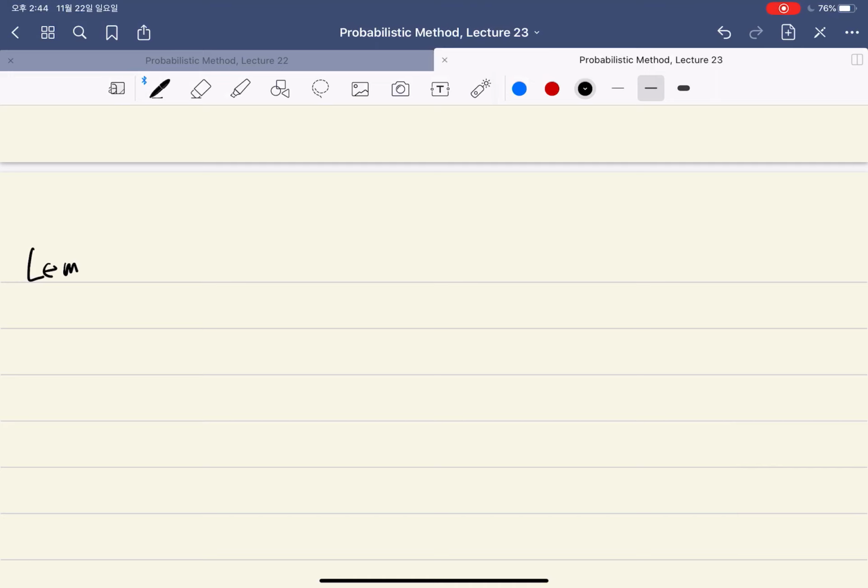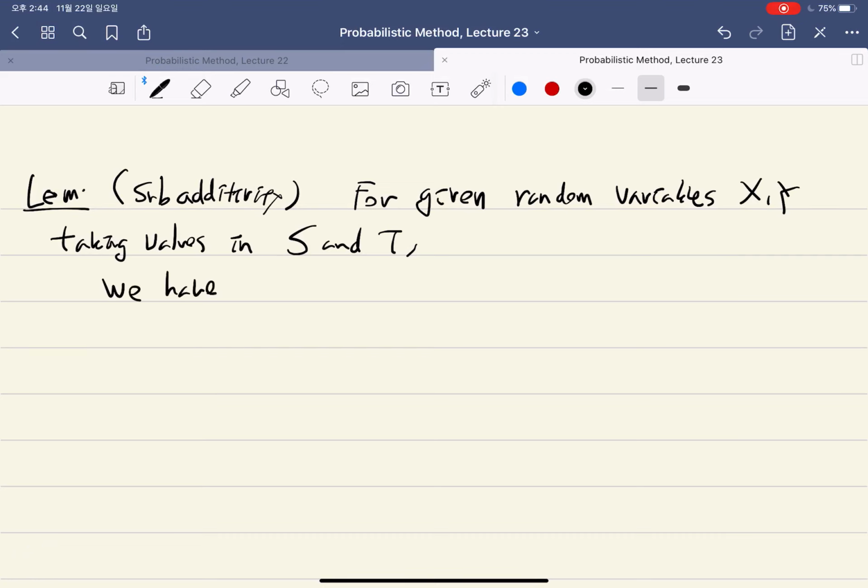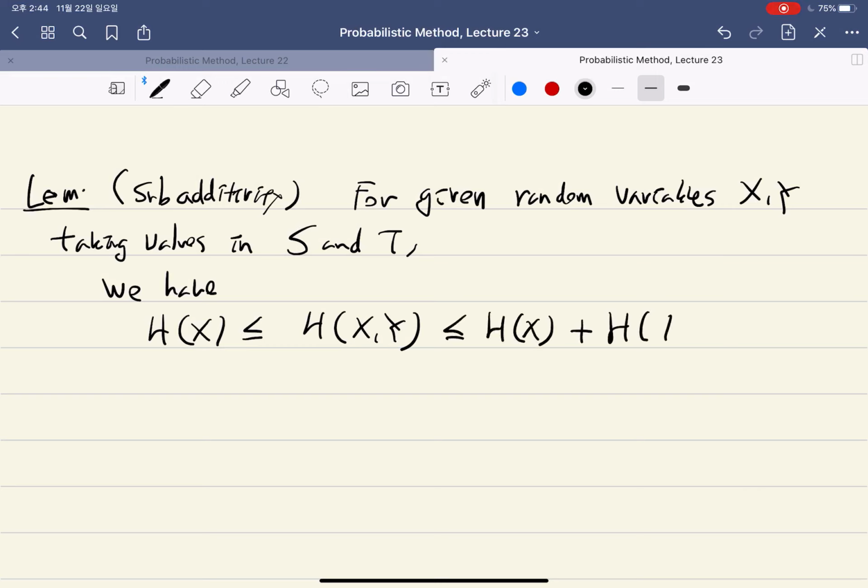Then we know this subadditivity, which says that for given random variables x and y, which take values in S and T, if you consider the joint random variable (x, y), then the information it carries is at least as large as x, and at most as large as the information together.